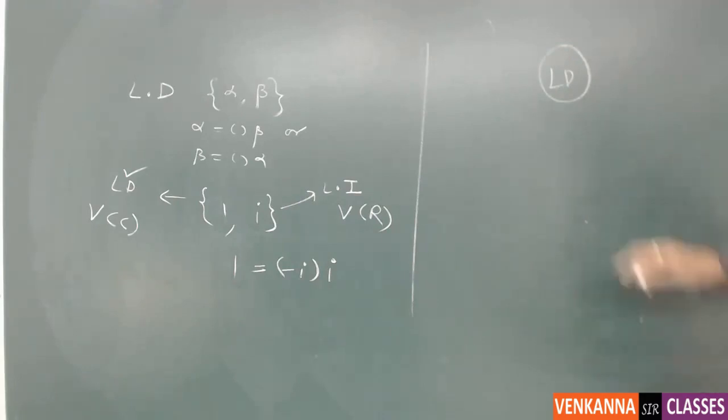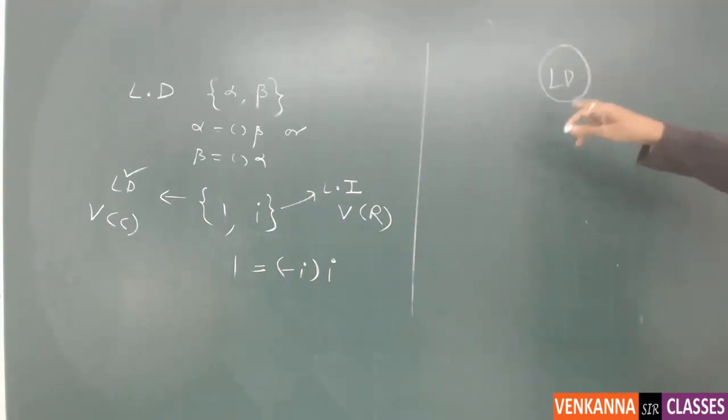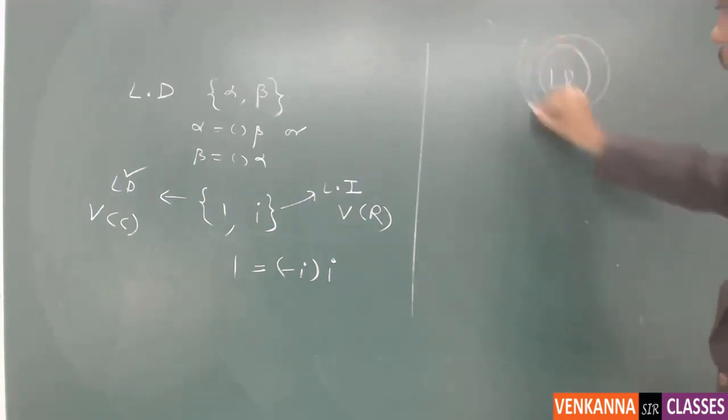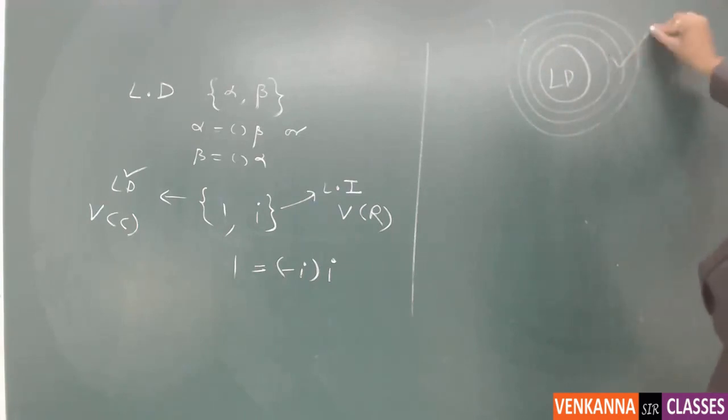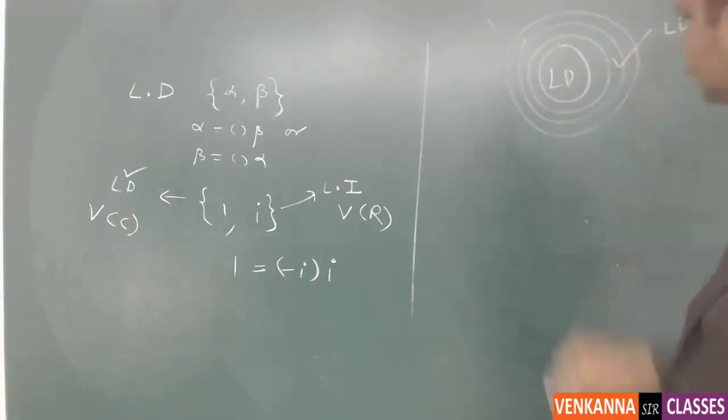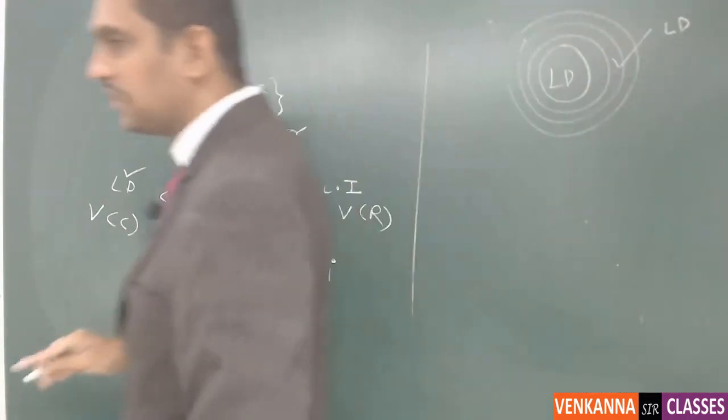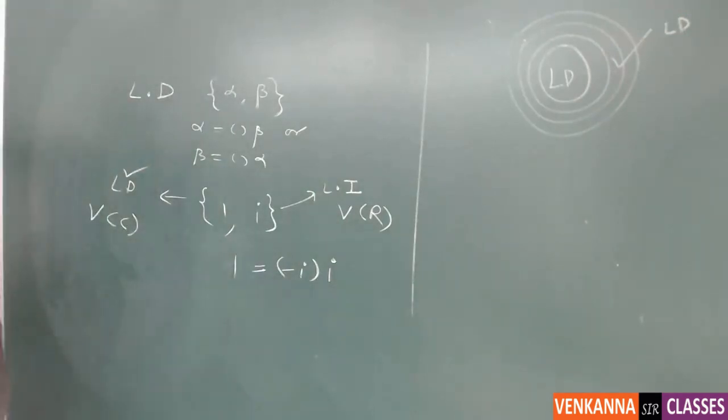Then, if you take any superset of it, all these are LD. So what is the first result? Every superset of an LD set is LD. That is one result.